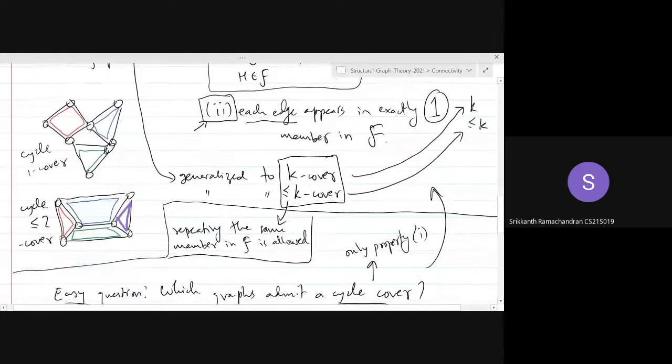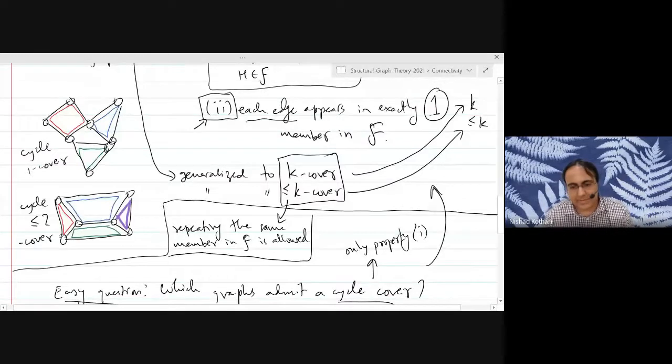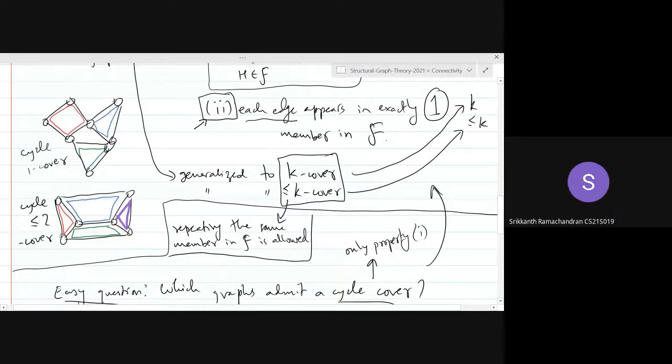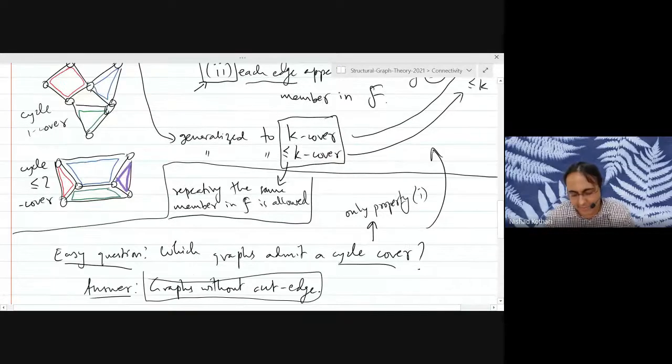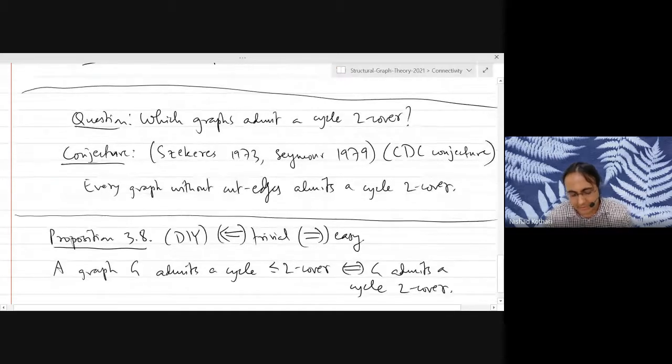Okay, now I see why you need to repeat. You might have to repeat sometimes. Right. I mean, for example, just take a cycle. A cycle itself, if you don't allow repetition, then it doesn't have a cycle 2 cover. So just to make things nicer, we allow repetition of the same member, and now we have this very pretty conjecture. Okay, good.